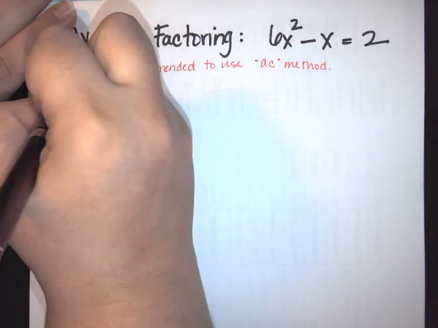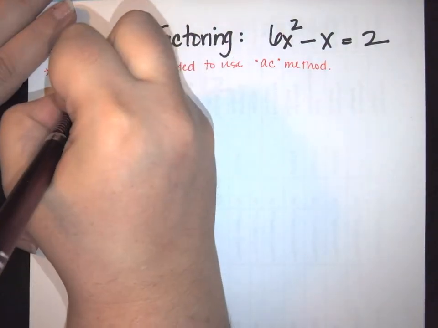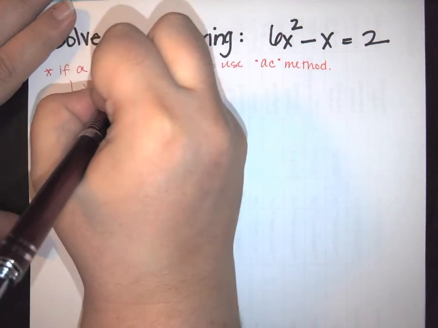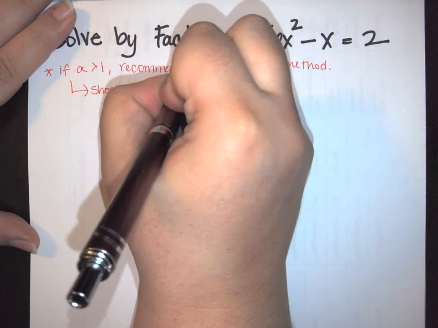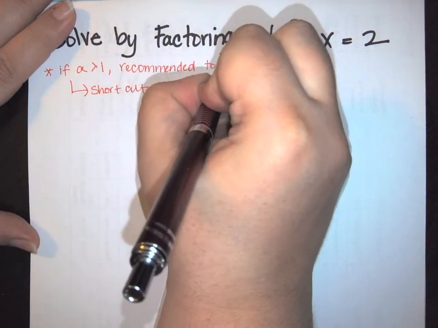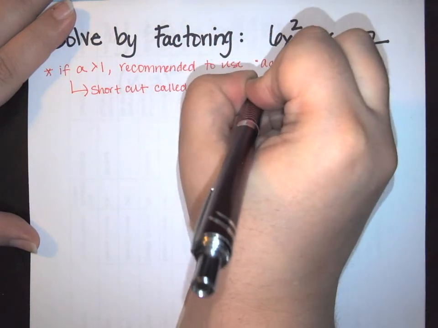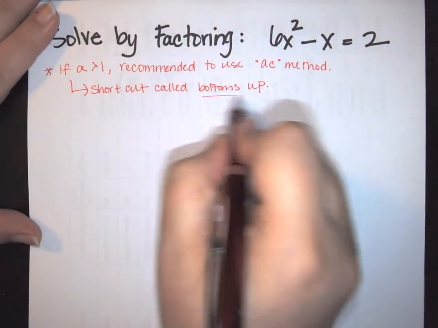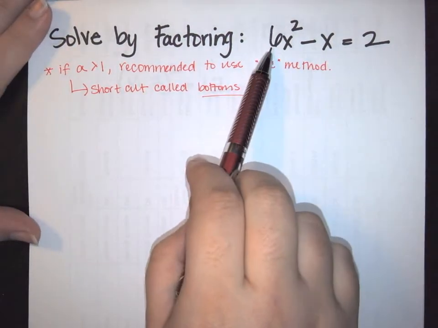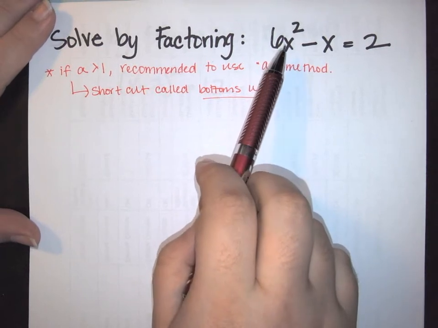Now, to this end, I like to use a shortcut idea, which is called bottoms up. And so in this case, that is what I'm going to show you. I'm going to go ahead and show you the bottoms up method. The reason for that is because my a term is greater than 1.